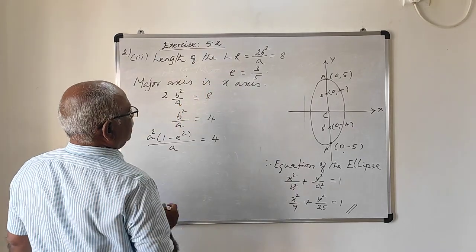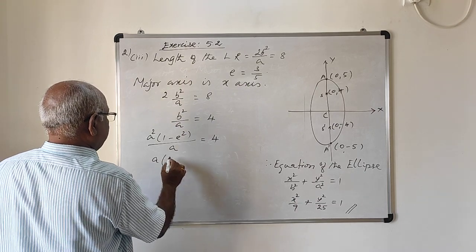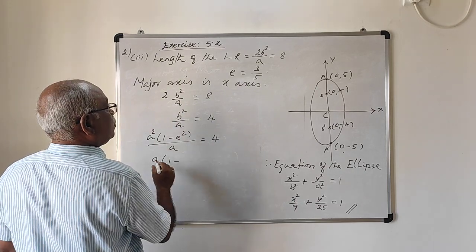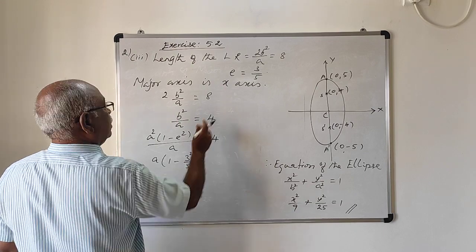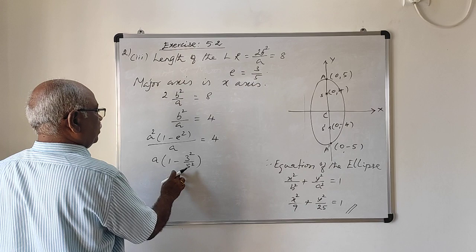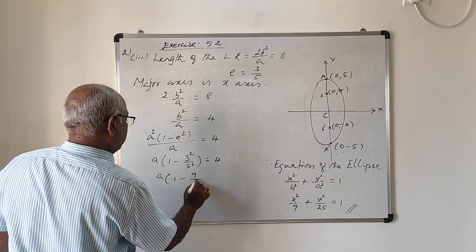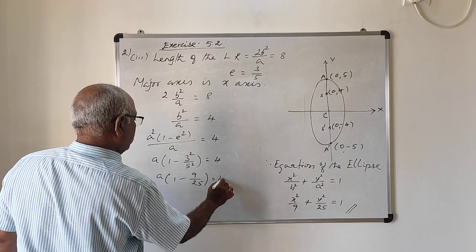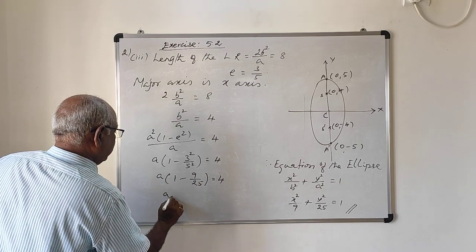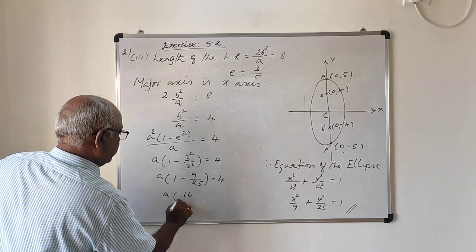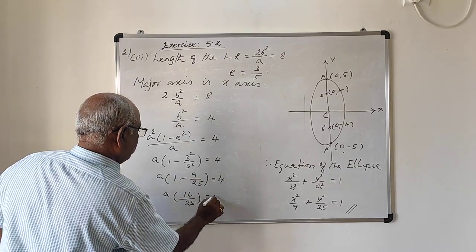e is given as 3 by 5. Therefore, cancelling a in the numerator, a into 1 minus e square, where e square is 3 square by 5 square, equals 4. That is a into 1 minus 9 by 25 equal to 4. So a into 25 minus 9, which is 16 by 25, equal to 4.